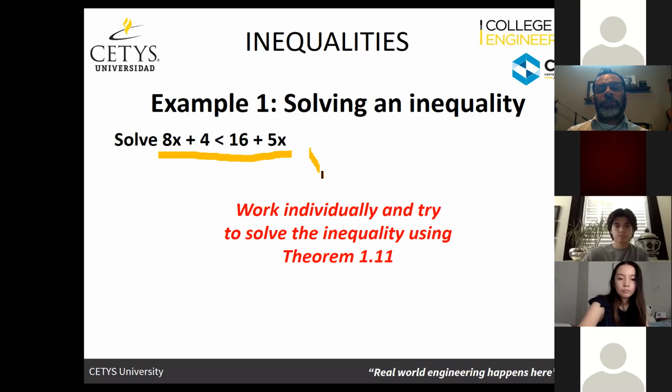We want to find the value of x. This is what we don't know, okay? We want to apply the rules or the properties of inequalities to do this. I'm going to give you a few minutes to try to do this in your notebooks, and then we're going to solve it here, okay?